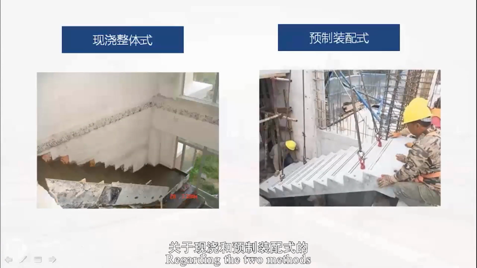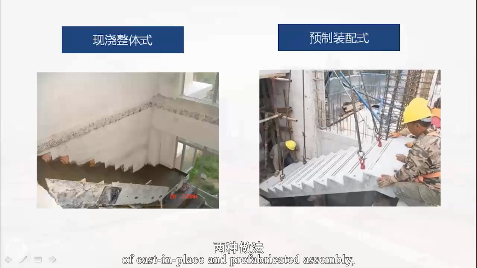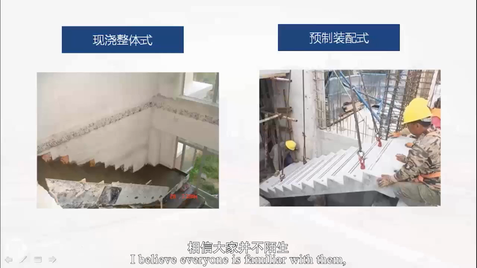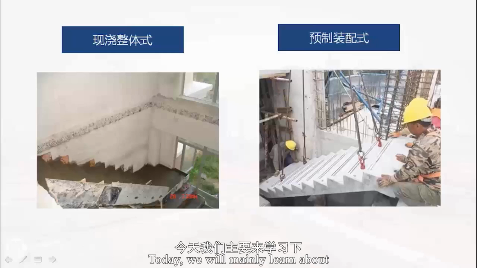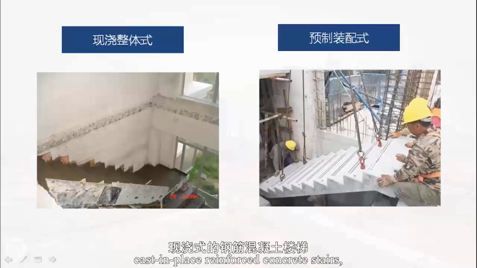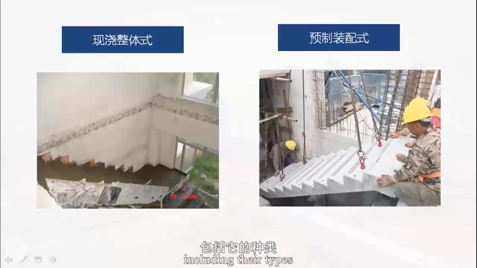Regarding the two methods, I believe everyone is familiar with them, so we will not elaborate too much here. Today, we will mainly learn about cast-in-place reinforced concrete stairs, including their types and structural characteristics.